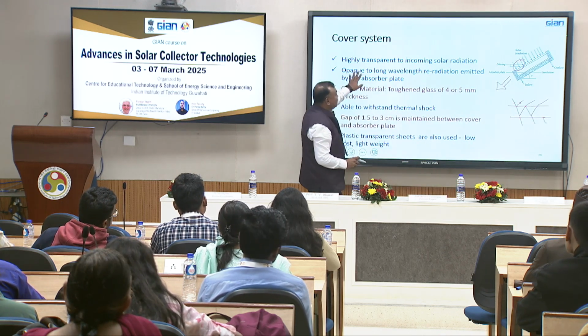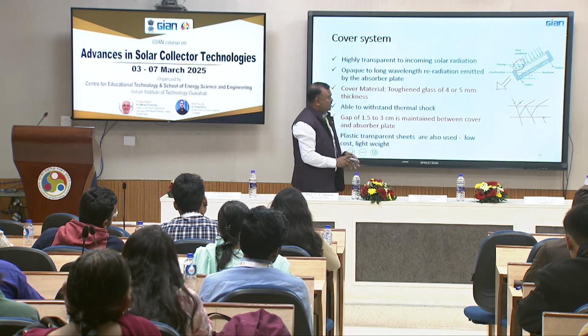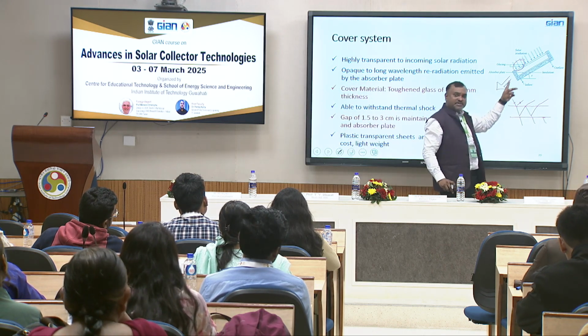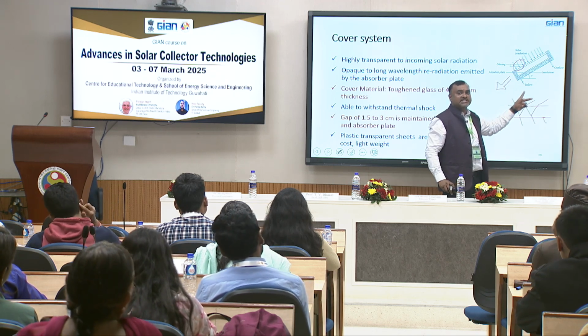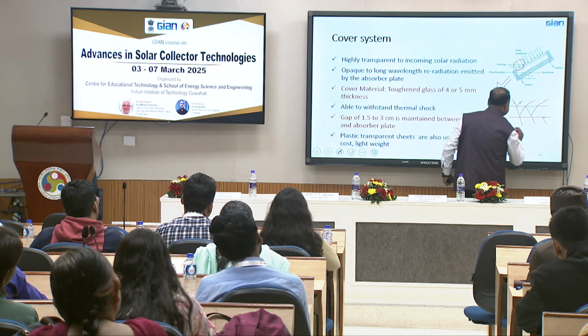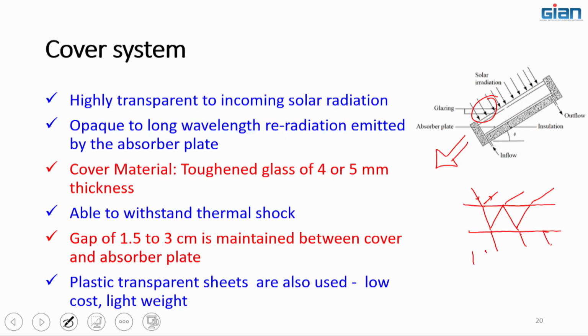So that's why we need a very transparent cover, because normally these glasses are represented in terms of extinction coefficient. If we increase the transmissivity, this value of extinction coefficient K, in meter inverse, actually varies from 19 to 4, okay.